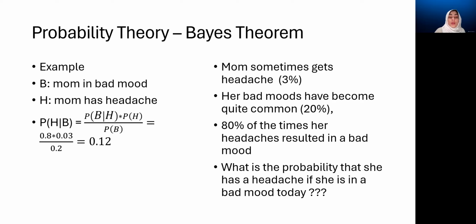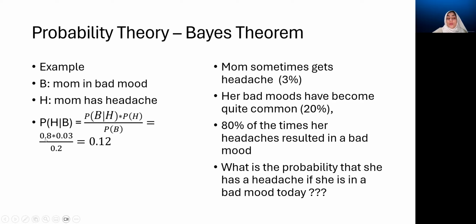The probability of headache given she is in a bad mood is computed by inverting the probabilities using the Bayes theorem, using the values which we know earlier. We have P of B, her having a bad mood, given she has a headache, multiplied by her probability of having a headache, divided by the probability of her being in a bad mood. We know that the probability that she gets a bad mood when she has a headache is 80%.